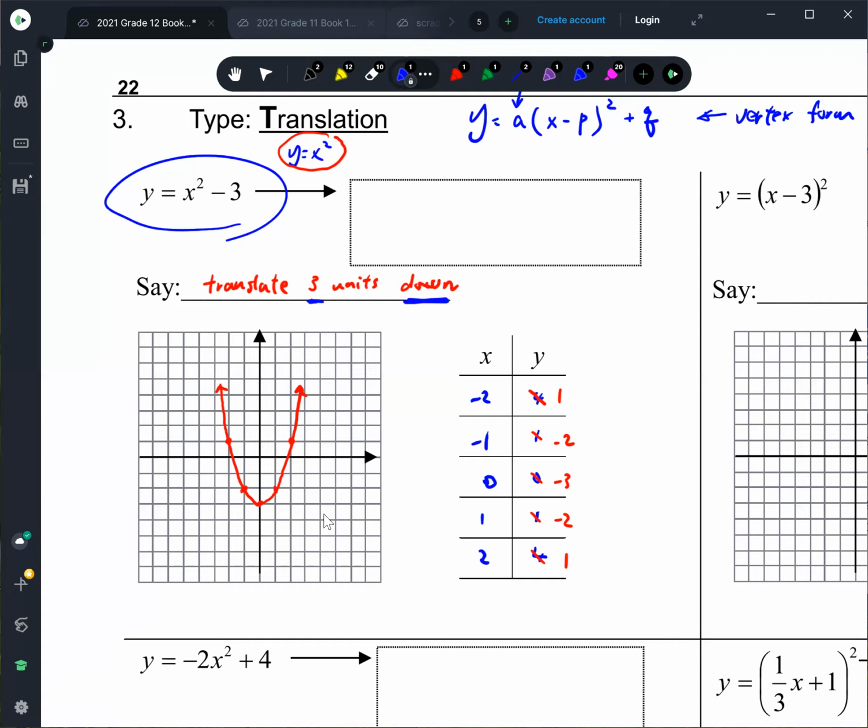Whatever is with the x, you keep it with the x. For this one, the -3 is outside the square, after the square. So that -3 is movable to the y side. We can move it to the y side by adding 3 on both sides. So your form will now look like this.